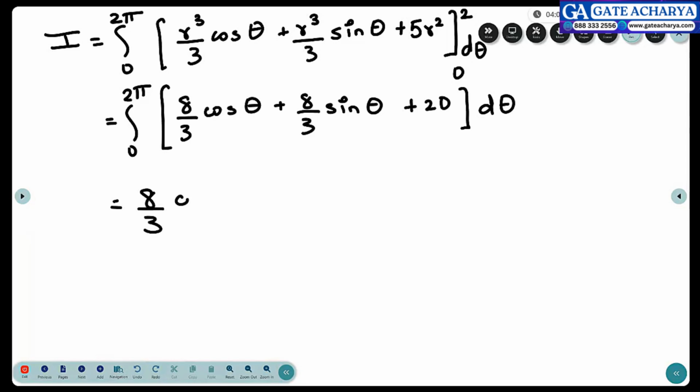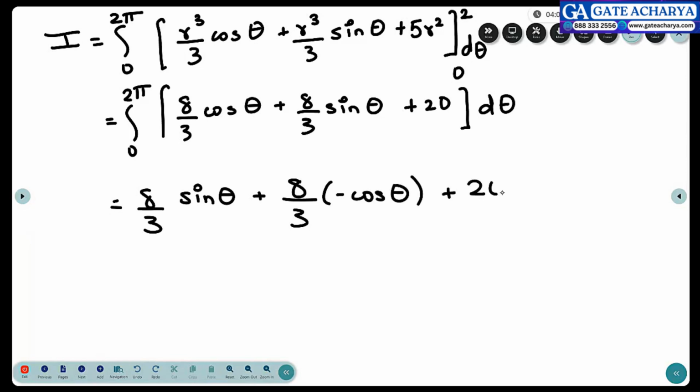What is the integration of cos theta? Sin theta. Integration of sin theta is minus cos theta, plus 20 into theta. Limit is from where to where? 0 to 2 pi.